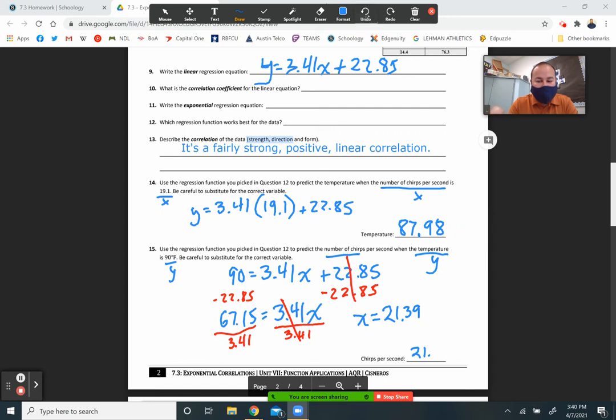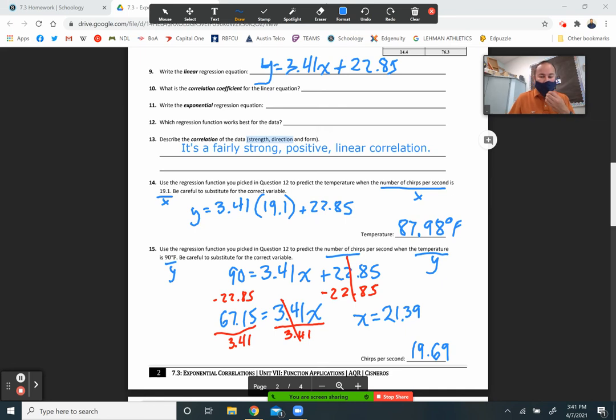Yeah, that's what I got. Try it again, Lizzie. Oh, x was the number, that's why. I said divided by 3.41. 19.69. And don't forget to add the degrees for here. All right, so just be careful what you're substituting in for.